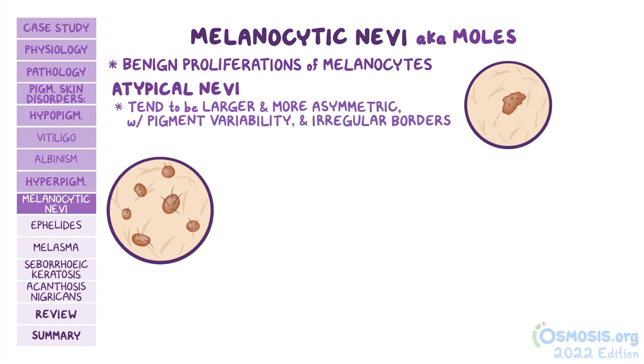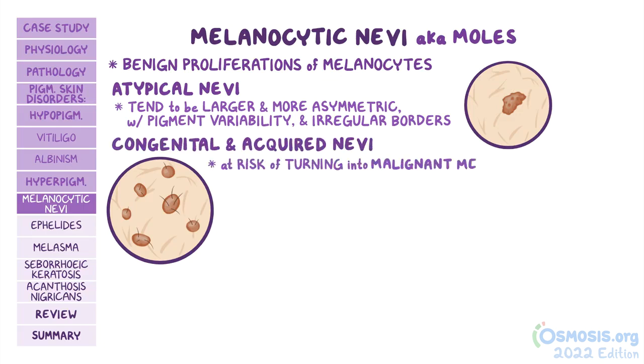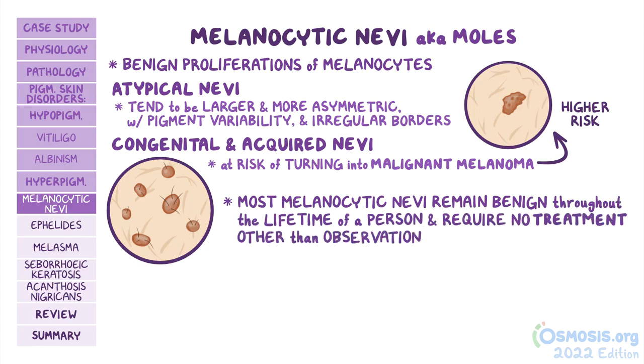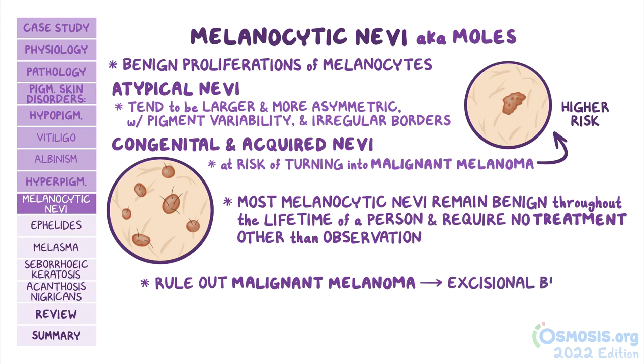Now, keep in mind that both congenital and acquired nevi are at risk of turning into malignant melanoma, but atypical nevi carry a higher risk, so they can be considered precursors to melanoma. However, most melanocytic nevi remain benign throughout the lifetime of a person and require no treatment other than observation. For a definitive diagnosis of suspicious nevi to rule out malignant melanoma, an excisional biopsy may be performed.